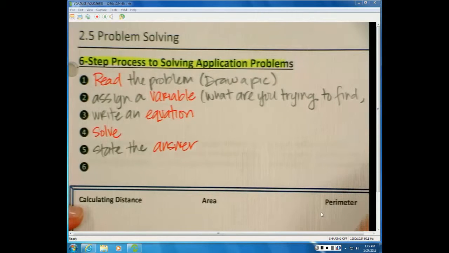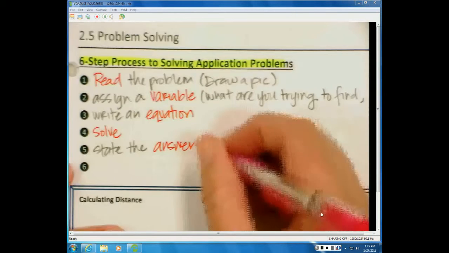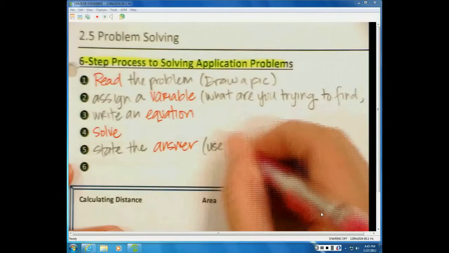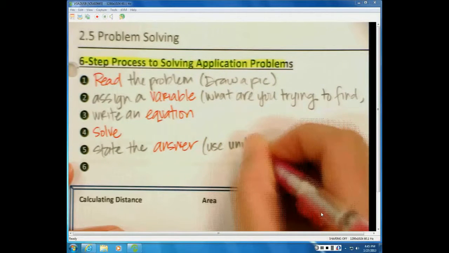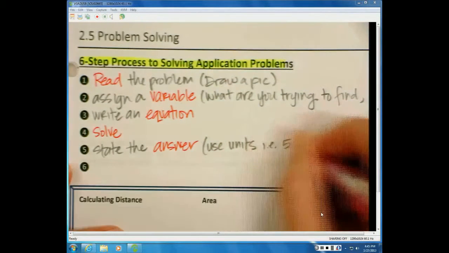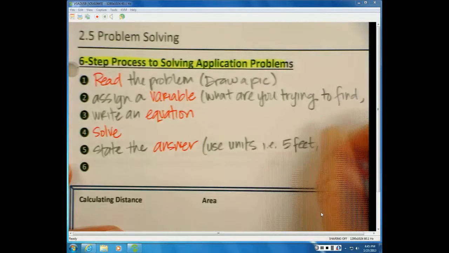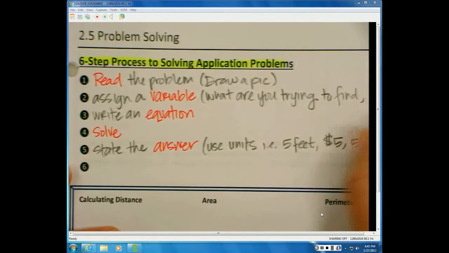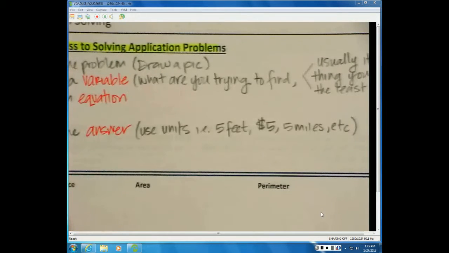Tell me what your 5 means. 5 feet, $5, 5 miles, 5 what? So make sure you use the appropriate units.